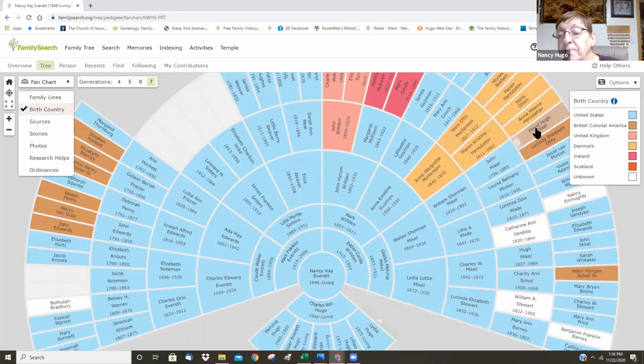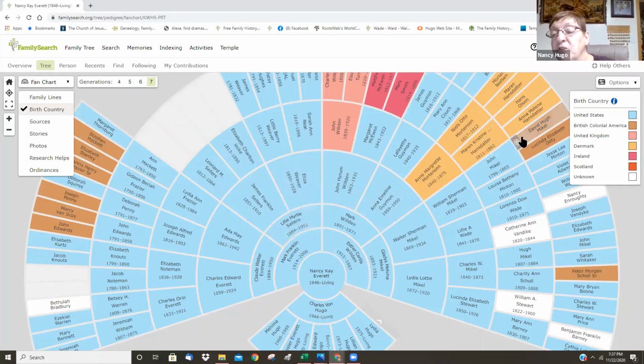And then here, these are colonial place locations. This is Denmark. This is one place or another in the British Isles. And I thought that these were British colonies too. But most of my ancestry is blue.